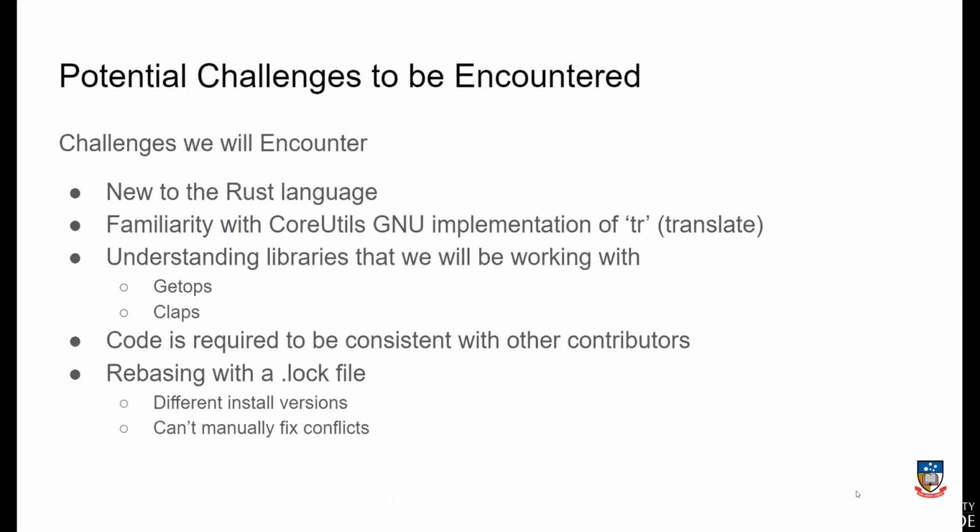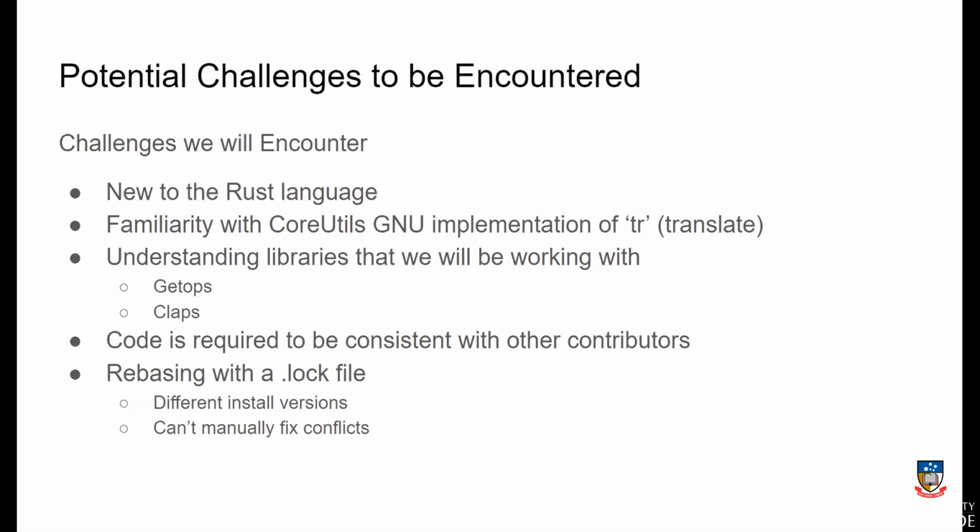And also we need to understand GetOps and Claps and understand how GetOps can be translated into a Claps version. So there isn't a one-to-one translation from GetOps to Claps, so we need to find the equivalent of a GetOps argument parser in Claps. The code is also required to be consistent with other contributors.